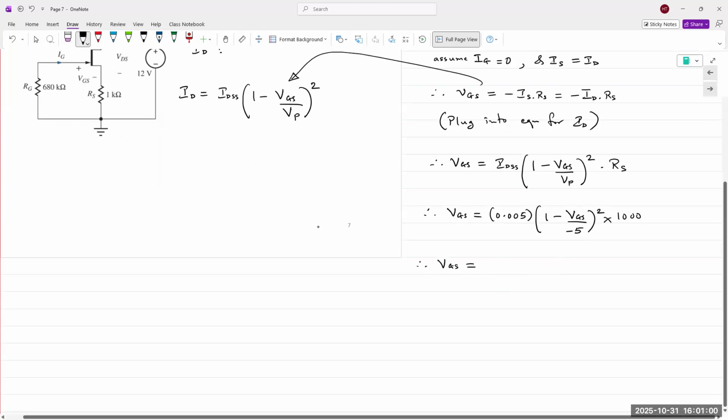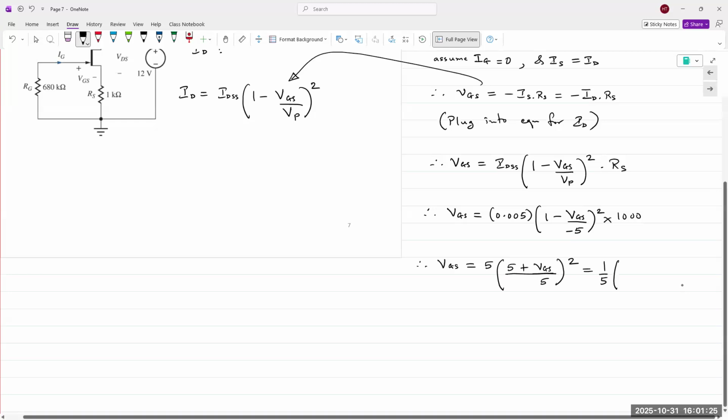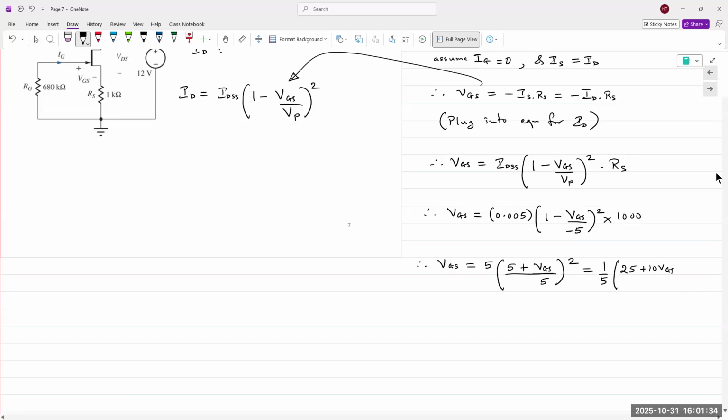This is minus 5 here, this makes 5 plus VGS over 5, the whole square. All right, and then this gives me, I'm going to take the 1 over 5 outside, and inside I get 25 plus 10 VGS plus VGS square.